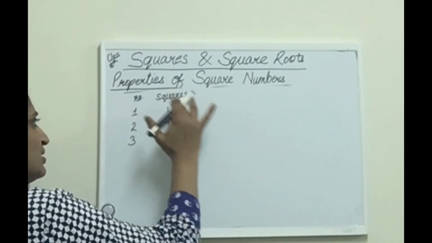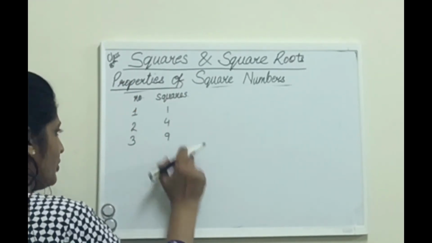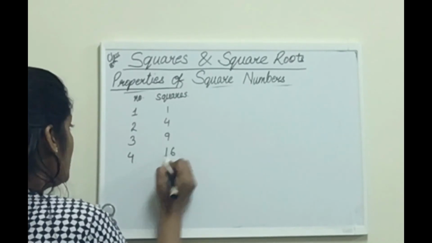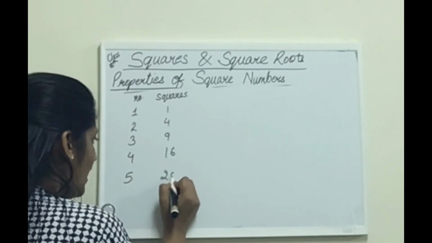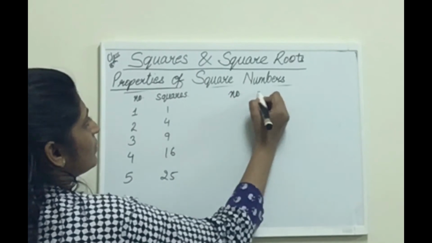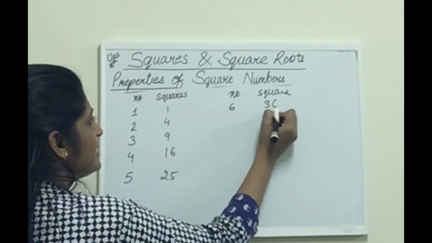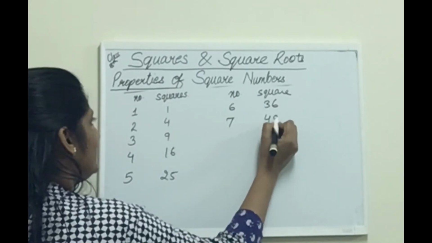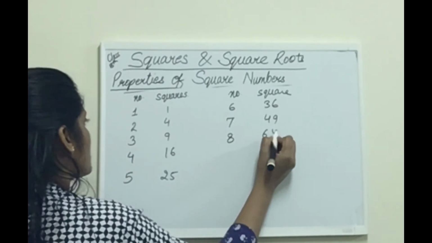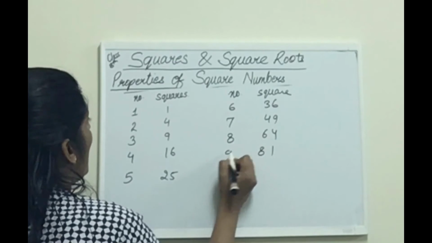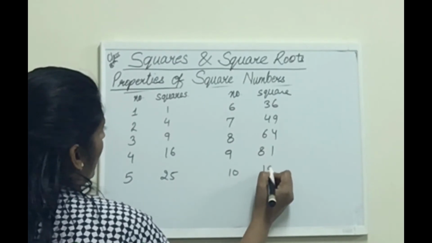The square of 1 is 1, the square of 2 is 4, the square of 3 is 9, the square of 4 is 16, the square of 5 is 25, the square of 6 is 36, the square of 7 is 49, the square of 8 is 64, the square of 9 is 81, and the square of 10 is 100.